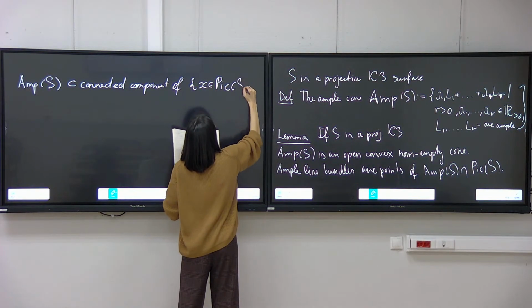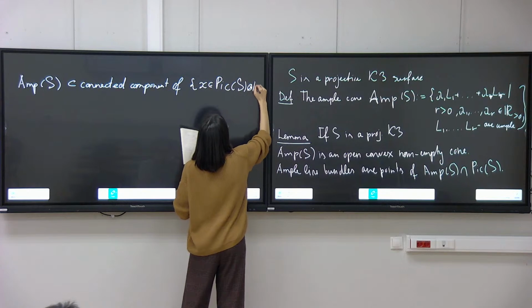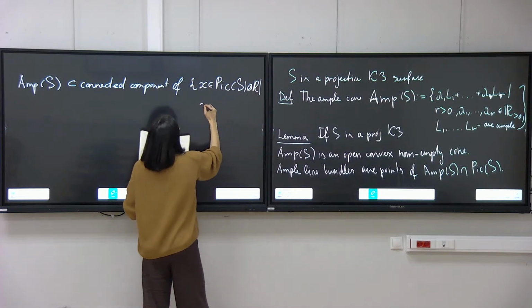That is, elements with positive self-intersection.